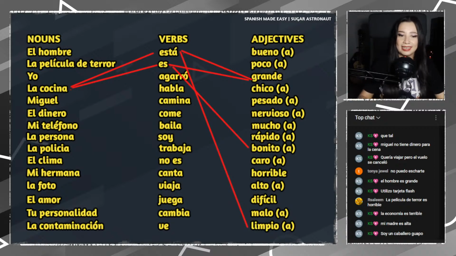So la cocina está limpia. The kitchen is clean. Okay. So I think that's all we can do. You can also say horrible. La cocina es or está horrible. Yeah, that works. The kitchen is horrible.